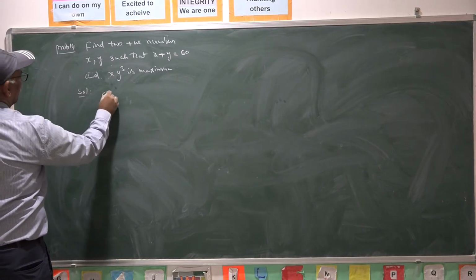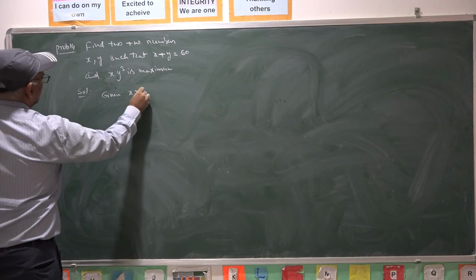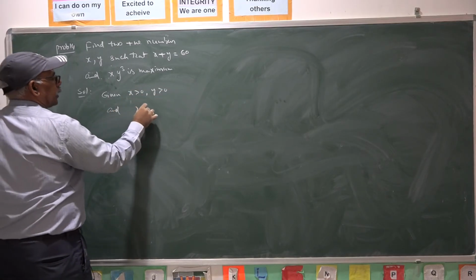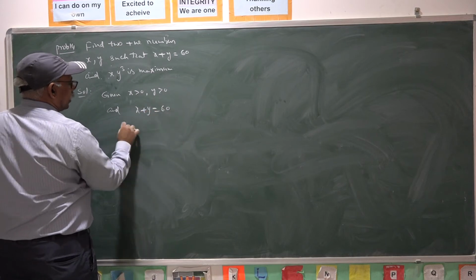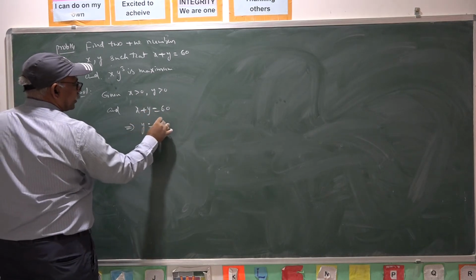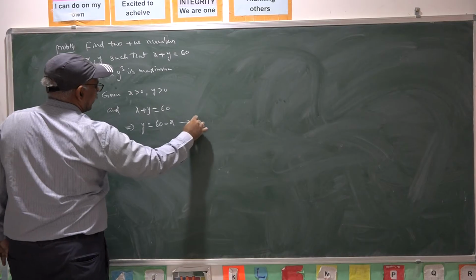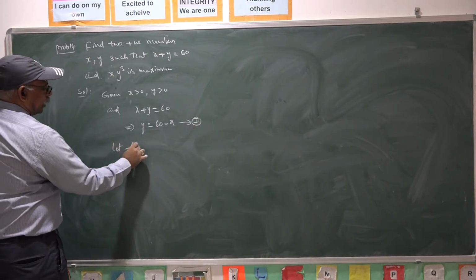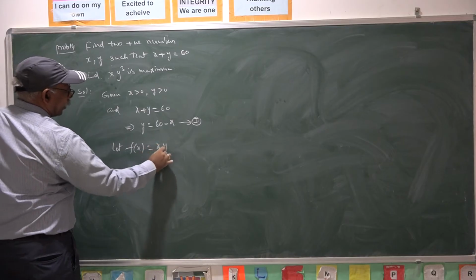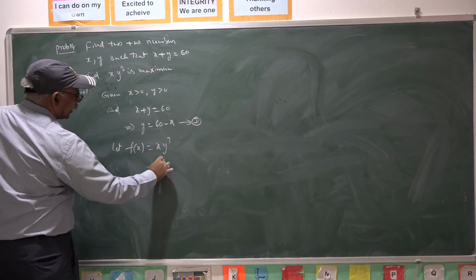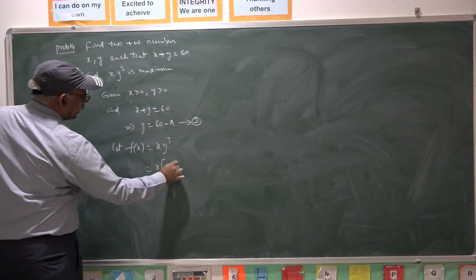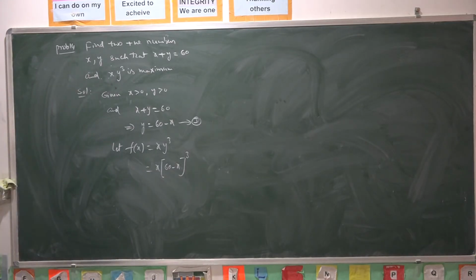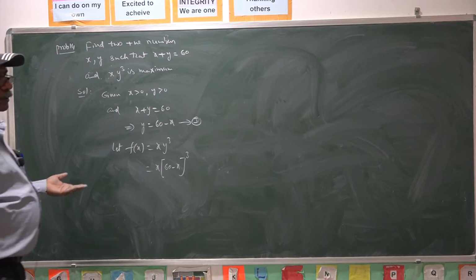Here it is also given x positive, y positive, and x plus y is 60, which implies y can be expressed in terms of x. Now let f x be x y cube, which can be expressed as x into 60 minus x whole cube. This should be maximized.